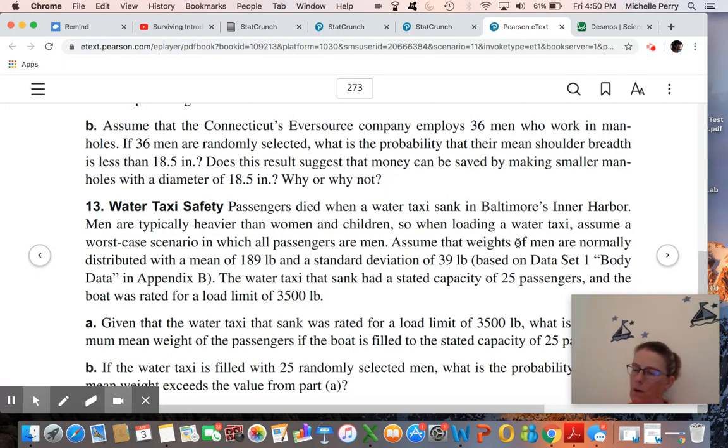However, when we think about the standard deviation of all of those sample means, we need to take our standard deviation of the population, which was 39, and divide that by the square root of our sample size, which in this case was 25.